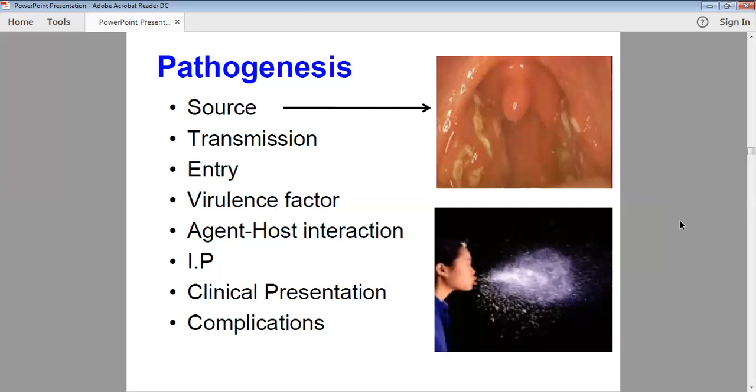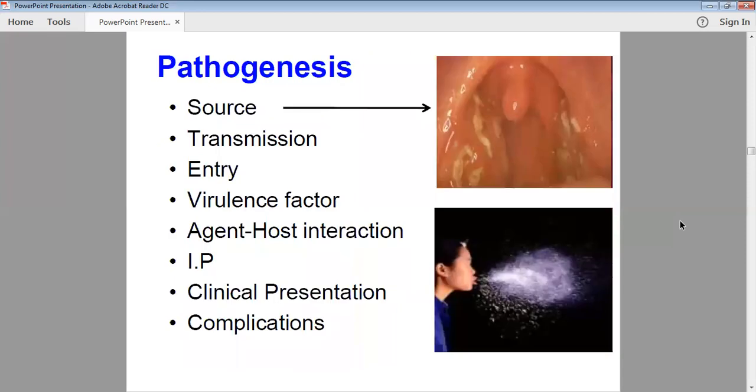Other sites include conjunctival, nasal, otitic, laryngeal, genital, and cutaneous diphtheria. But the most common source is cutaneous diphtheria. Another common site is facial diphtheria, where cough and sneezing spread the infection in the air, and through inhalation they enter into the body. Mode of transmission is through air inhalation.